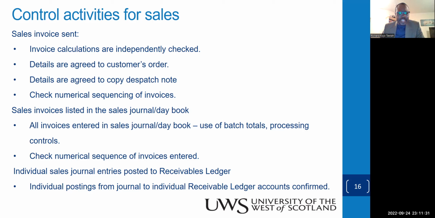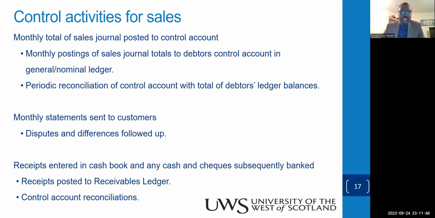Check again the pre-numbered sequence of invoices, quite important, and individual sales journal entries will then be posted to the receivable ledger, reconciled to the accounts, and make sure they jive with what was ordered or what is on file.